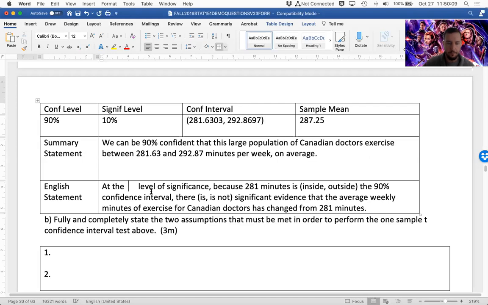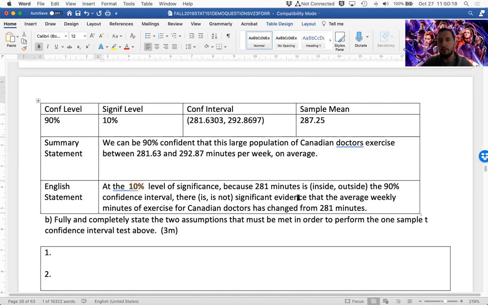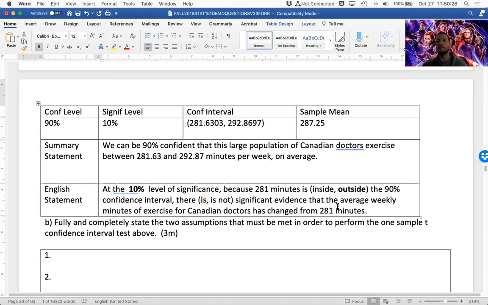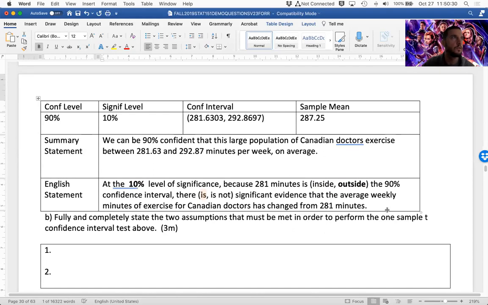And then we have, at the 10% significance level, because 281 minutes is inside, no, it's just outside actually, it is outside the 90% confidence interval, there is evidence that the average weekly amount has changed from 281. Notice it's actually very close, the interval runs from 281.6 to 292.8.